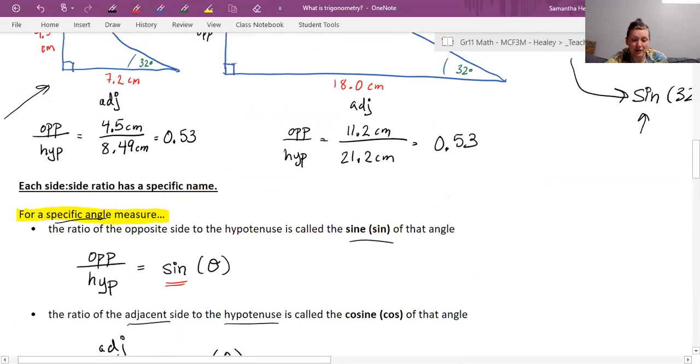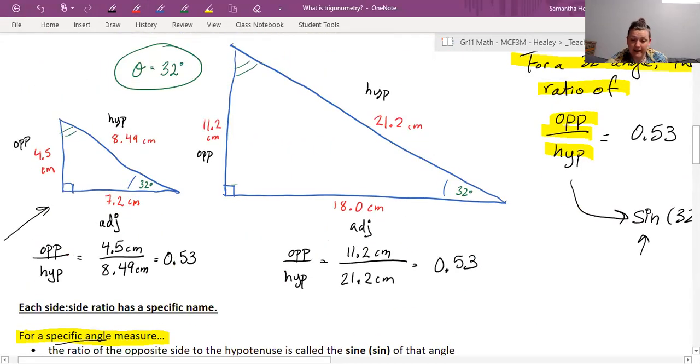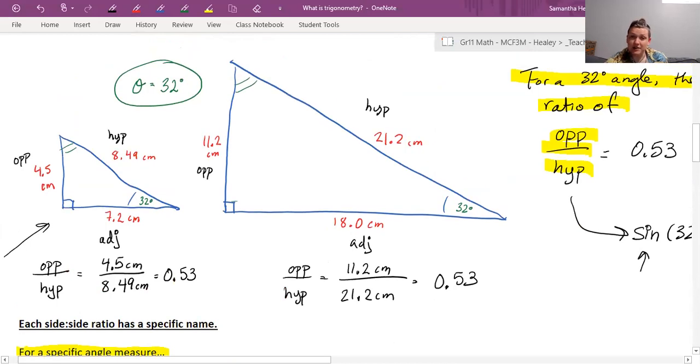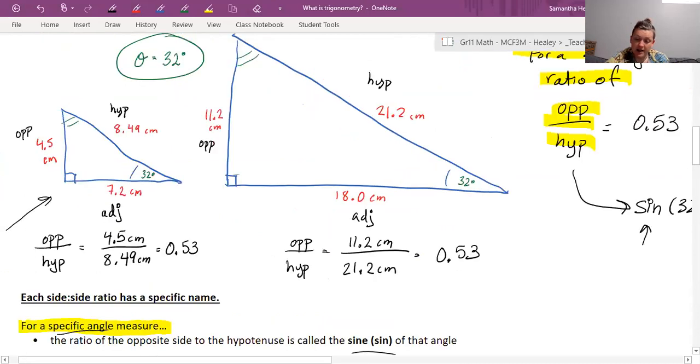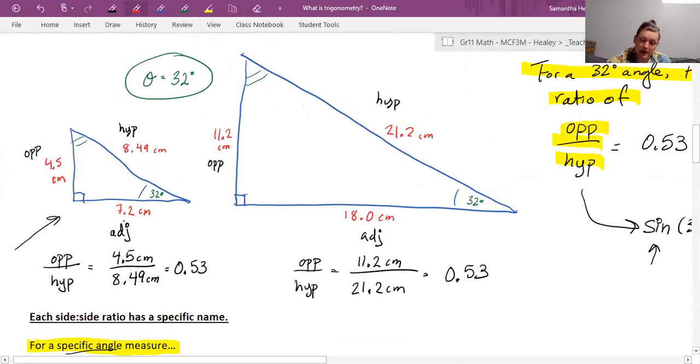And then they did it for every single possible angle. Just like we did up here with these triangles, we figured out that the ratio of the opposite side to the hypotenuse side when we have a 32-degree angle, so the sine of 32 degrees, no matter what our side lengths are, is always going to equal 0.53.